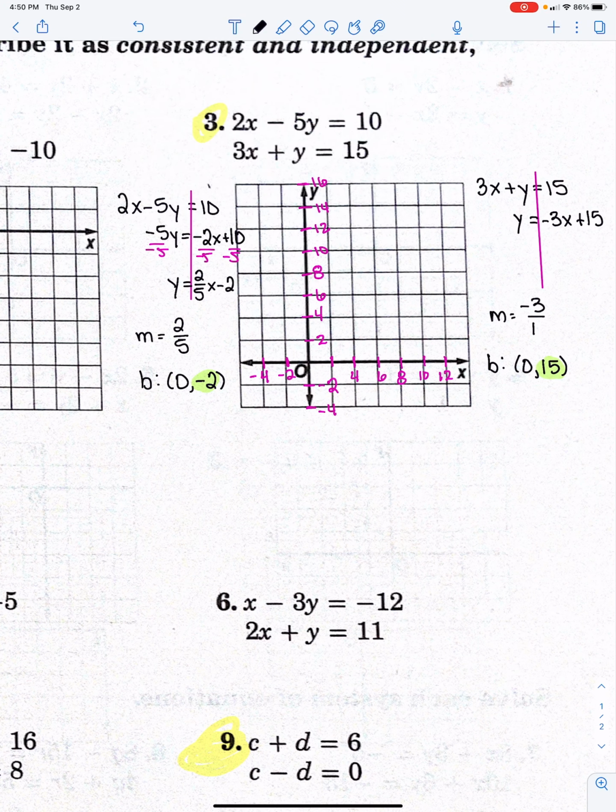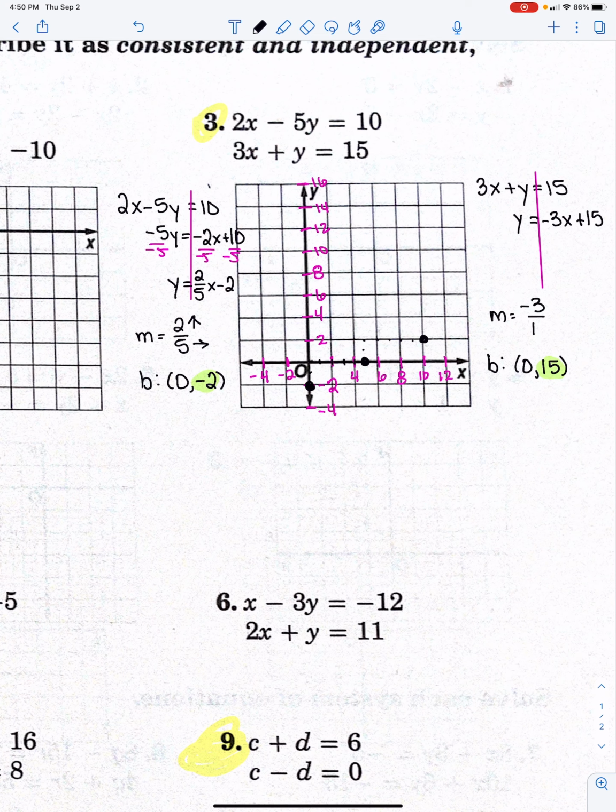Now, for the first one, it starts at negative 2, and it's going to go up 2, right 5. So up 2, right 5. Up 2, and right 5. 1, 2, 3, 4, 5.